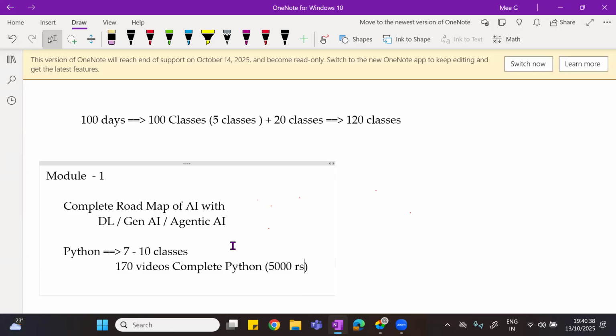This access will be there as long as the course is running, and you can learn at your own comfort and leisure time and become perfect in most of it.